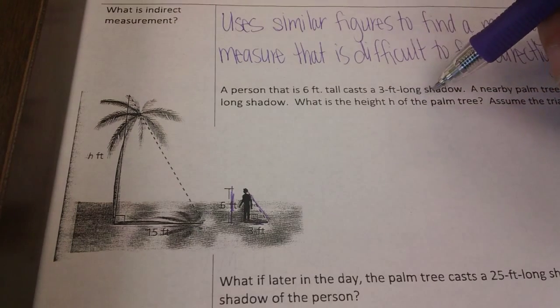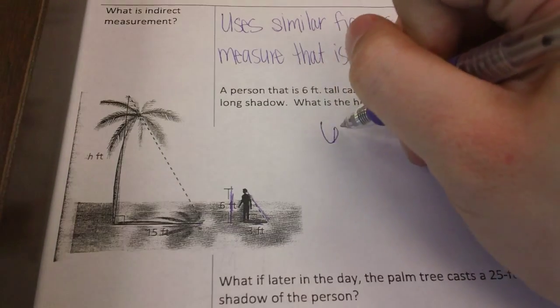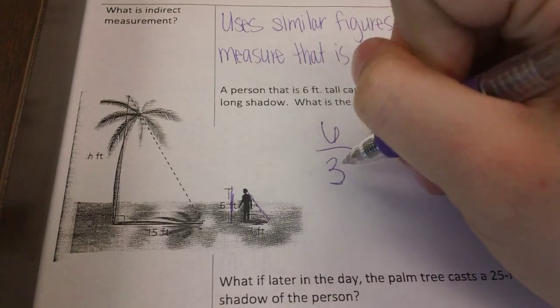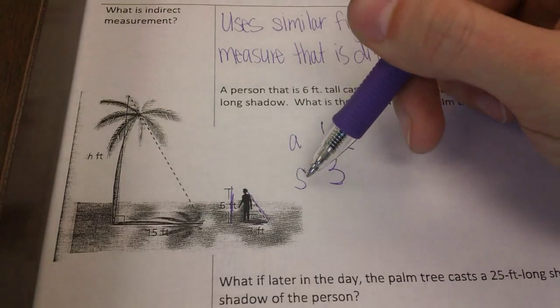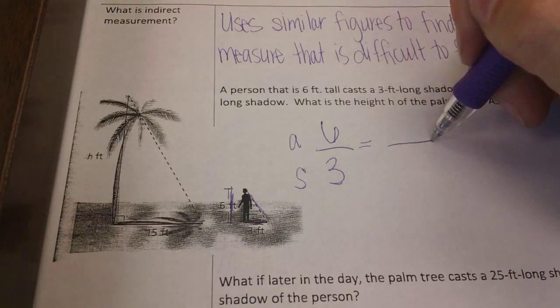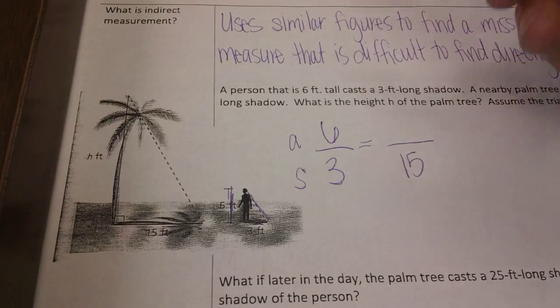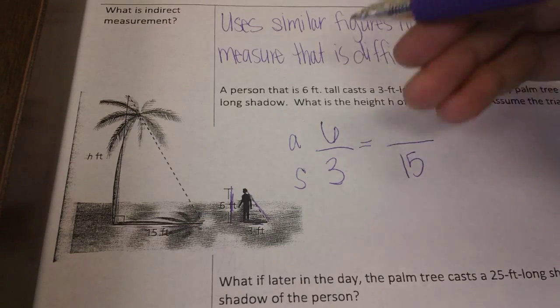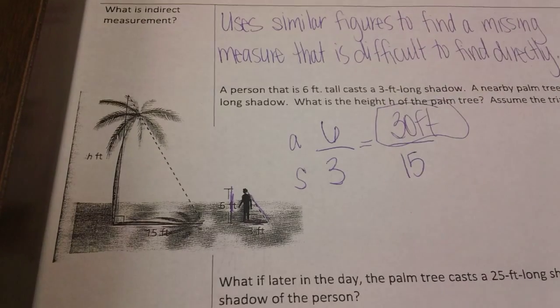So what is the height h of the palm tree? Well, I know that the person is 6 feet tall and their shadow is 3 feet. And I know the shadow measurement of the palm tree is 15. And 3 times 5 is 15, so 6 times 5 would be 30 feet tall. That's the palm tree.